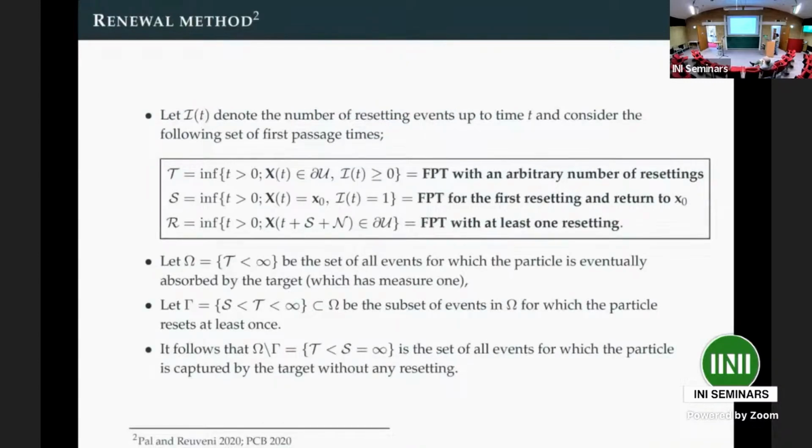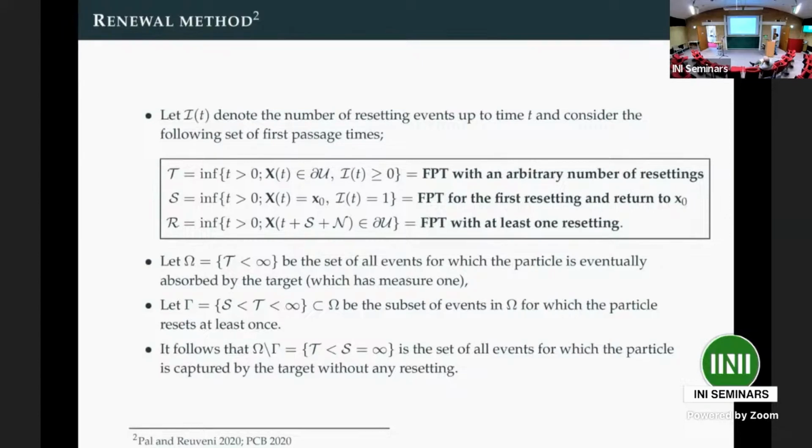Given that picture, let me define the following first passage times. T is the full first passage time, which says, I don't care how many times I reset, I might not reset at all. This is the first passage time, the stochastic variable, at which I reach the target. S is the first time I return to the reset point, assuming I do return at least once.